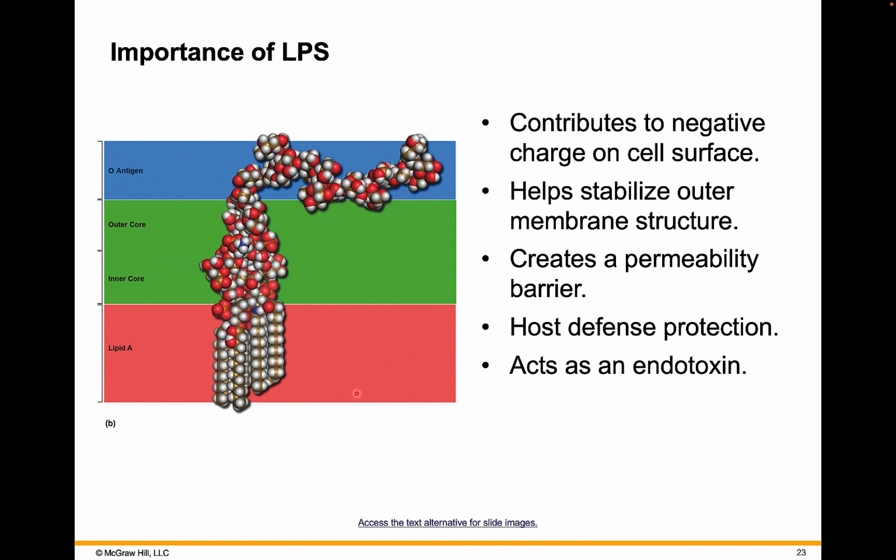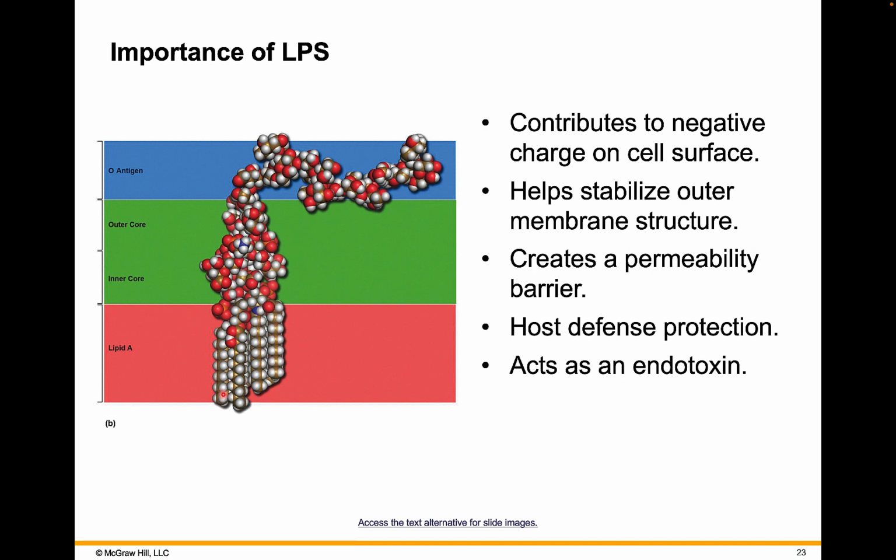So what does this mean? When these bacteria are lysed or die, this lipid A can interact with our immune system and cause a hyperreaction of our immune system. So these are known as an endotoxin.